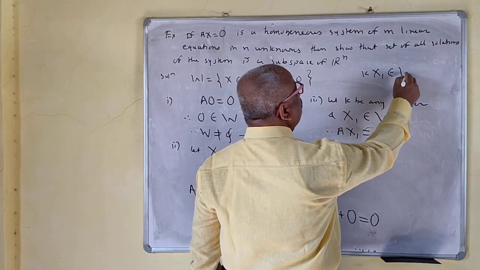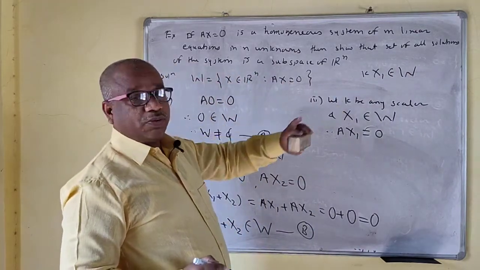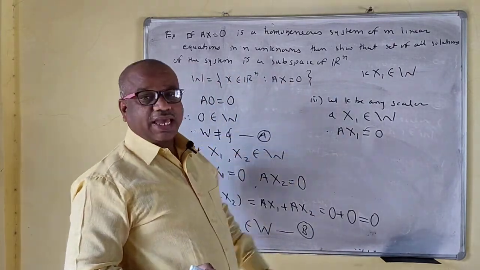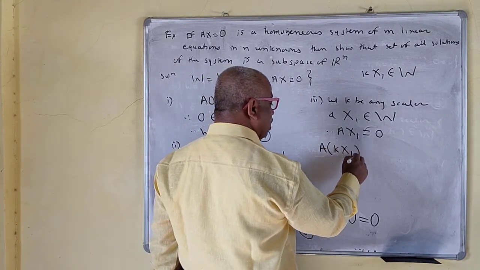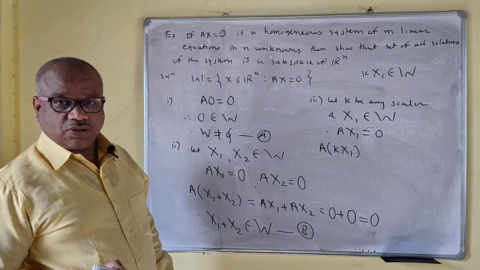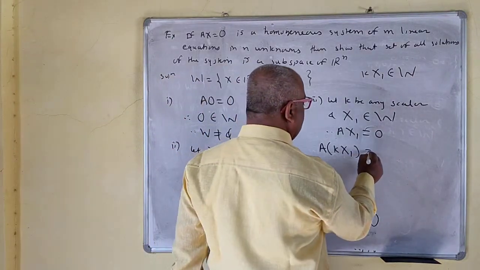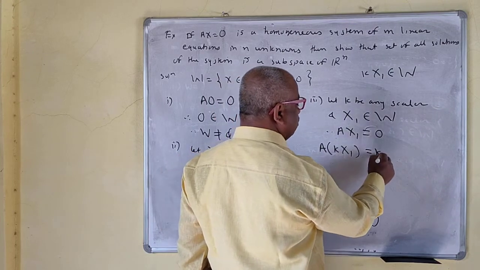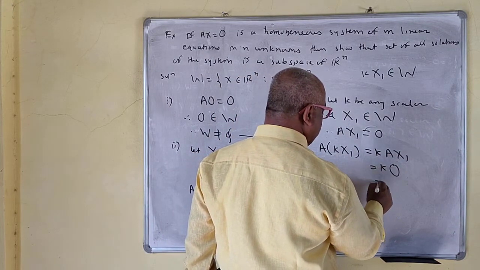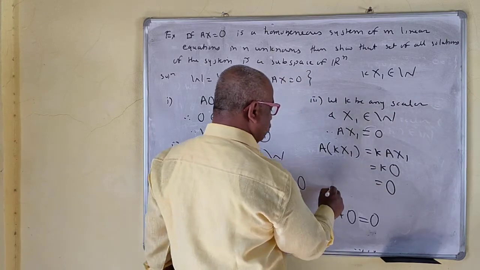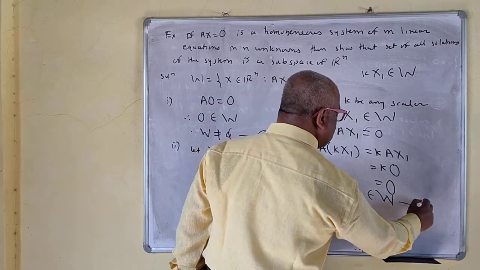When A into Kx1 is 0, then Kx1 belongs to W. So we'll find the value of this one now. K is a scalar, you can take it outside. This is K times Ax1, which is K into 0. So this is 0. Therefore Kx1 belongs to W. We call this as C.